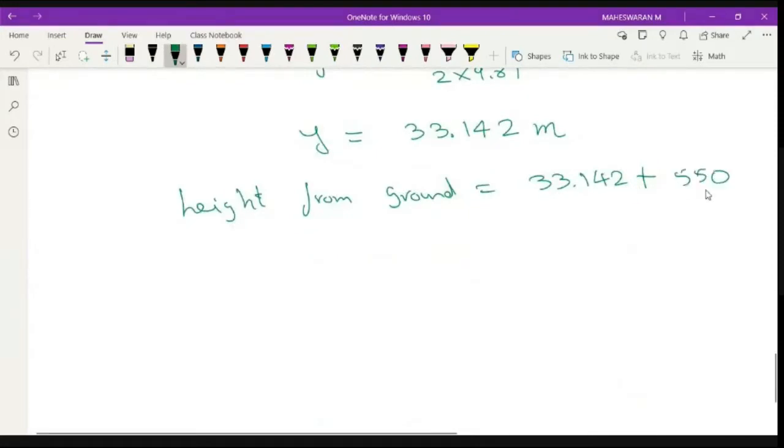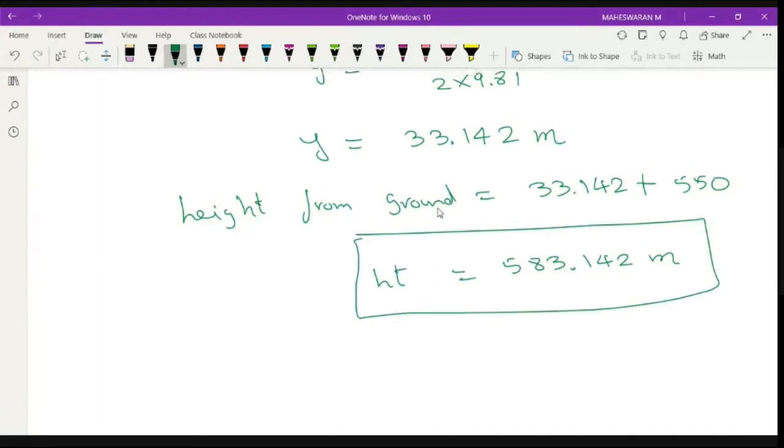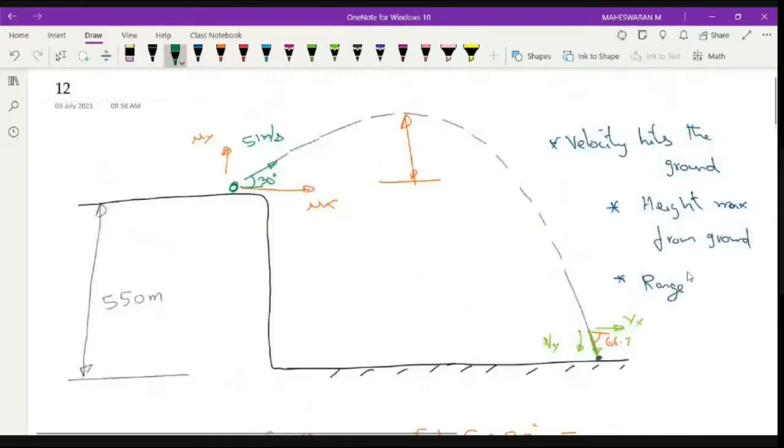So 583.142. This is my height. This is my second answer. What is the maximum height it will reach? So that also we identified.